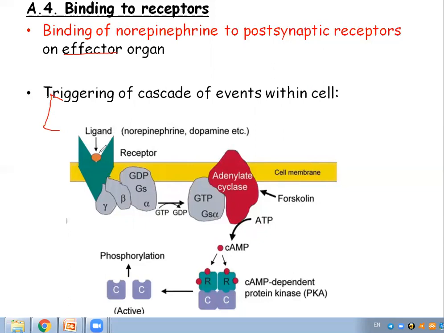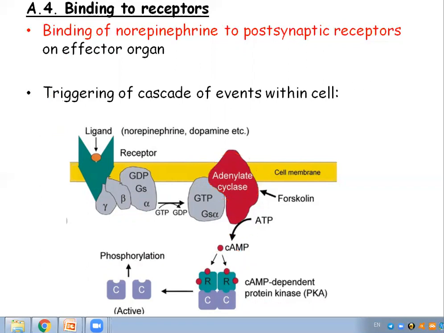This binding triggers a cascade of events involving the activation of an enzyme called adenylyl cyclase, causing an increase in the concentration of a second messenger known as cyclic adenosine monophosphate, cAMP. Its high concentration causes the activation of kinases involved in phosphorylating other proteins inside the cell, leading to an intracellular response.